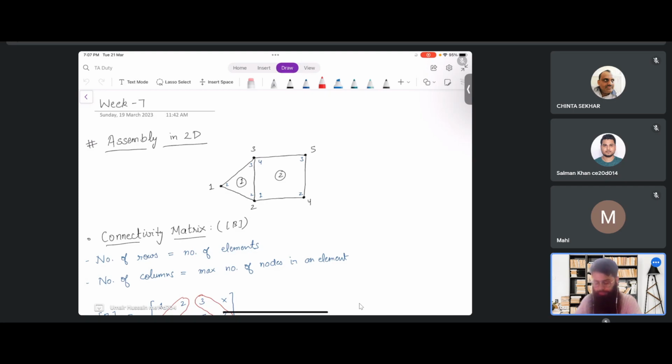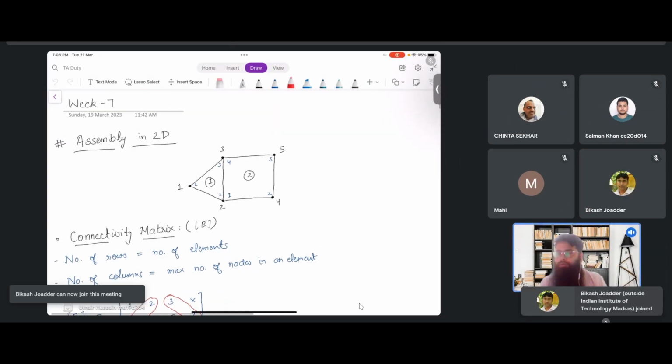So, in assembly of 2D elements, one thing I might have mentioned a couple of times before is the concept of the connectivity matrix. A connectivity matrix contains the data of the order of nodes which constitute an element.